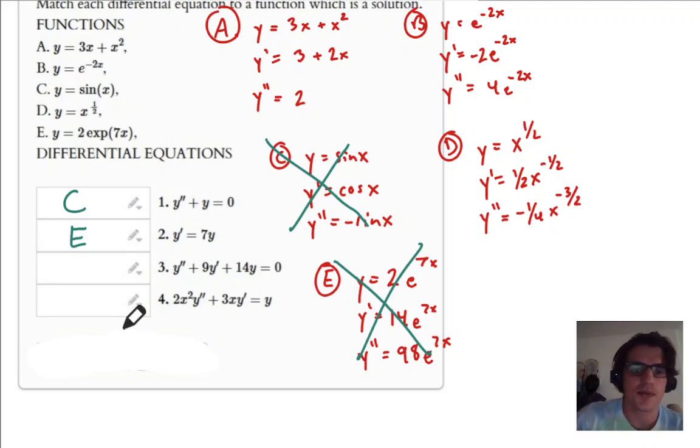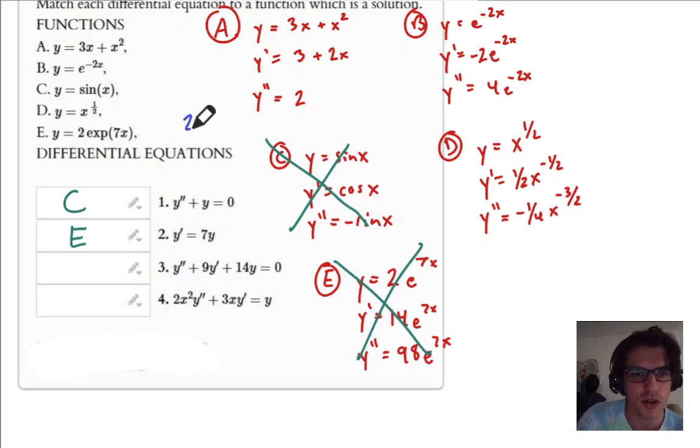Yes, so y double prime plus 9y prime plus 14y is equal to 0. Okay, so we can, once again, try A, and I'm actually going to write this work here.